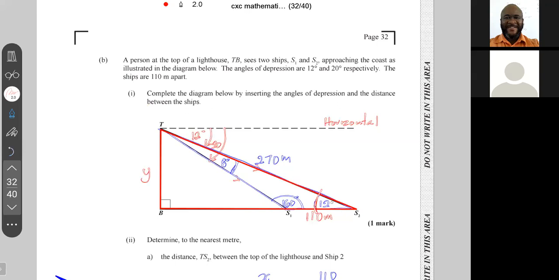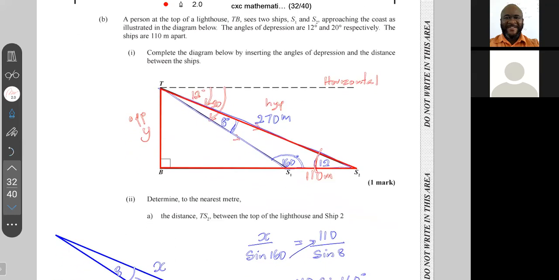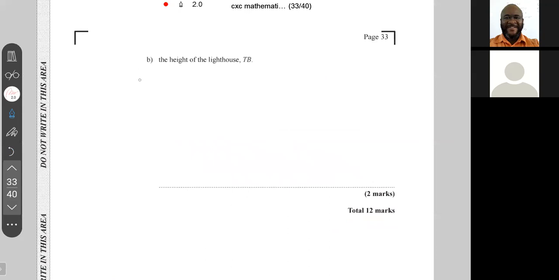This side is opposite to the 12, and the 270 is the hypotenuse. The trig ratio that includes opposite and hypotenuse is sine. So I'm going to say the sine of 12 degrees is equal to opposite y over hypotenuse 270.